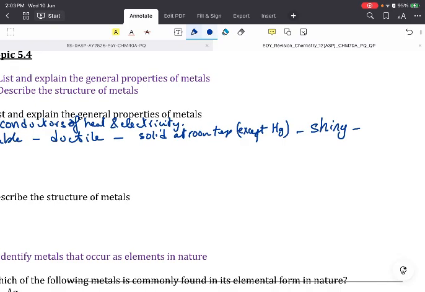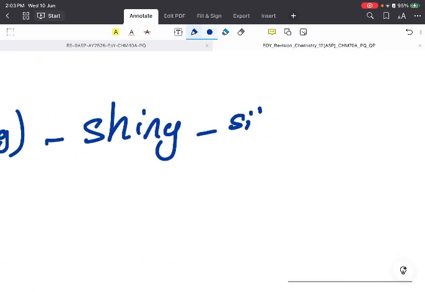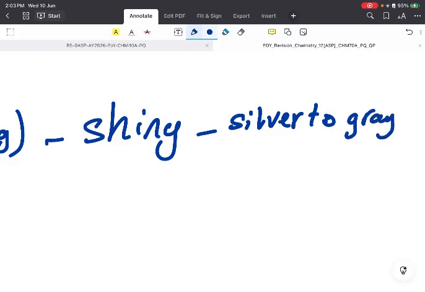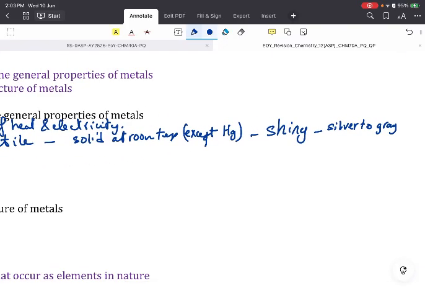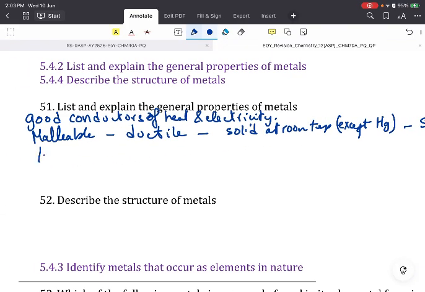Metals are silver to gray in color, depending on their degree of luster. Some of them are very shiny, some of them are not, so we say lustrous. Metals can bend, which I mentioned, that is malleability. So basically, these are the properties of metals.